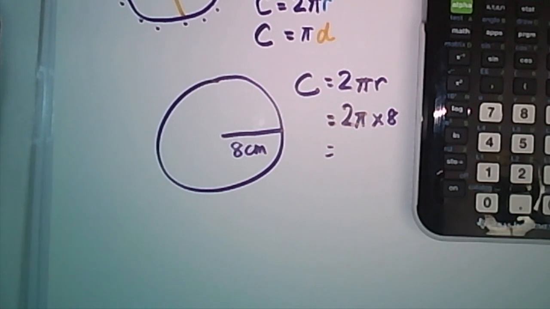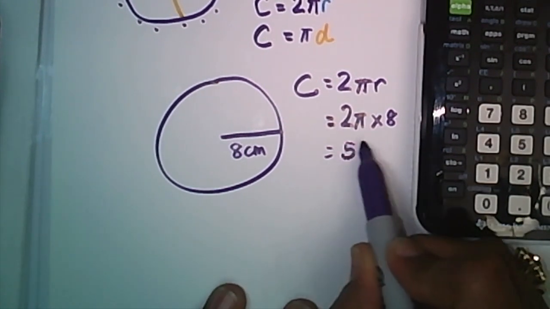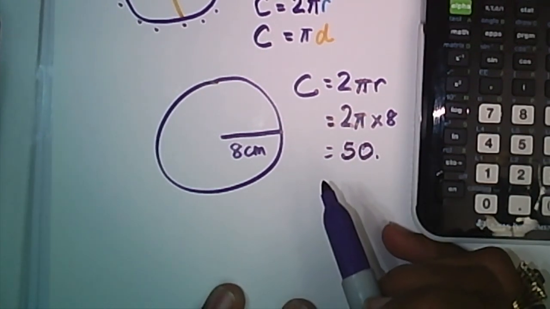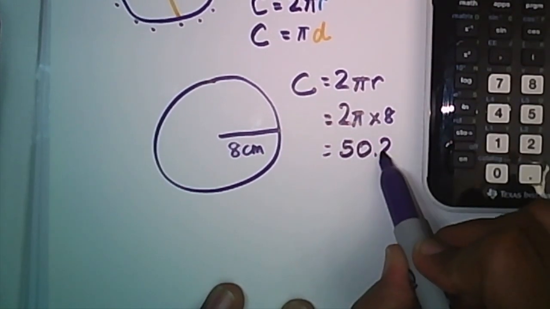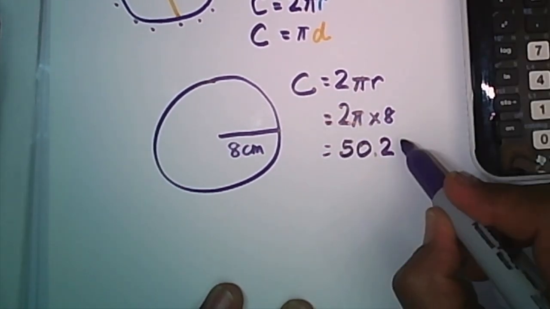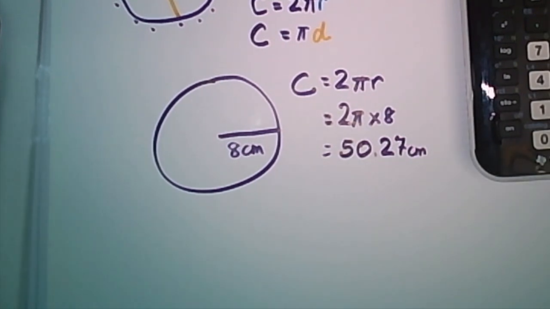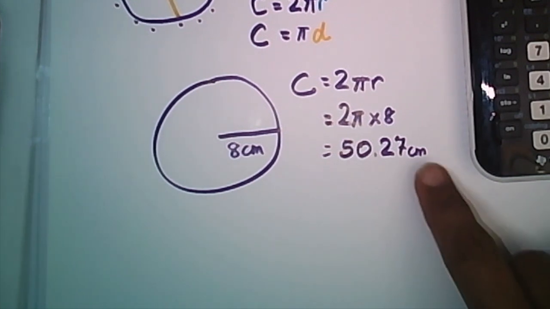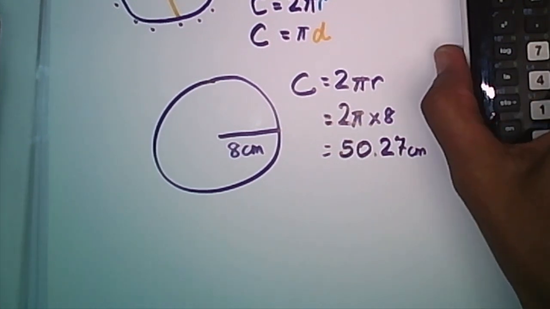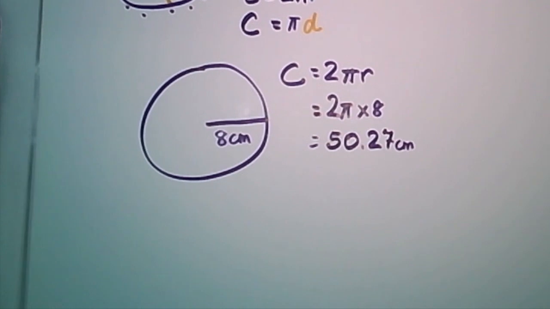And I'm going to get my answer, which is 50 point, well, let's round it to 2 decimal places. I'll call it 27 centimeters. And because we are just doing circumference, not area, the unit just remains centimeters. So that's how to use your circumference formula.